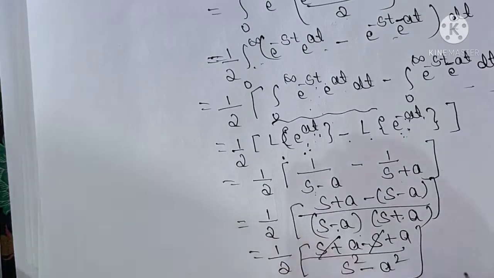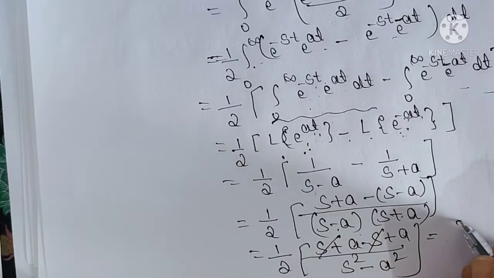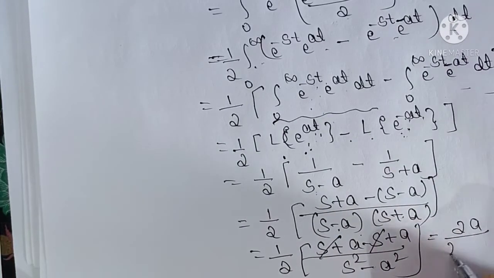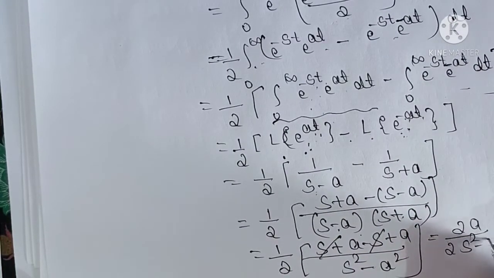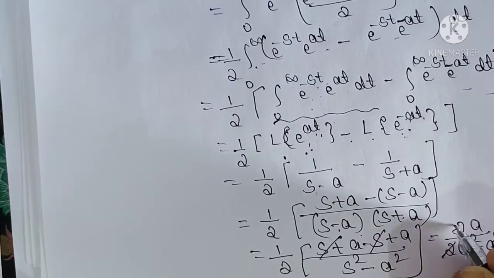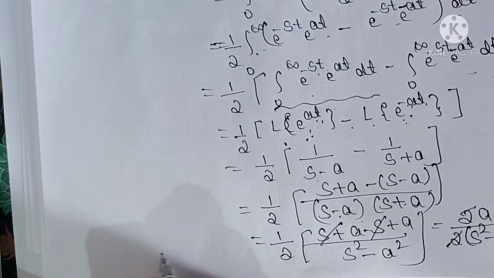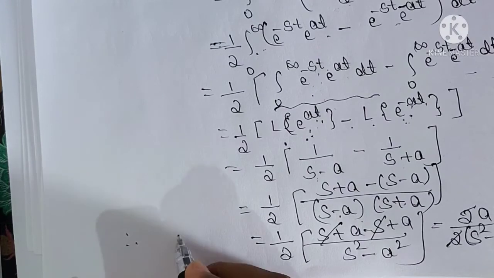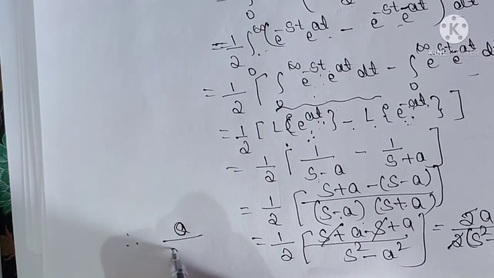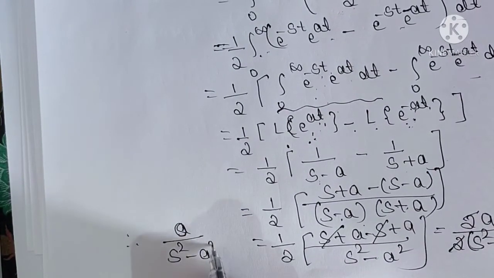Plus s minus s gets cancelled. A plus a is 2a divided by 2 into s square minus a square. 2 gets cancelled. Remaining a divided by s square minus a square.